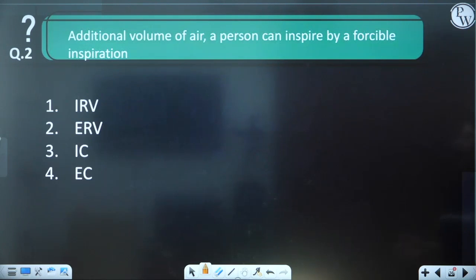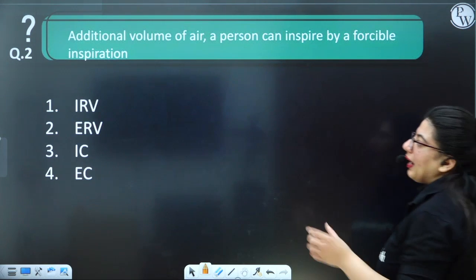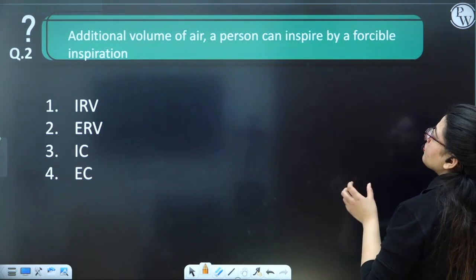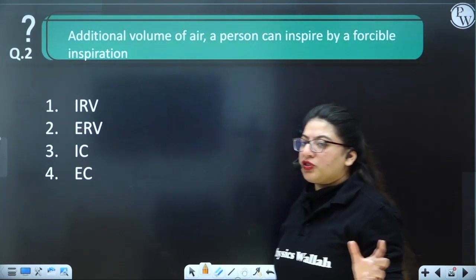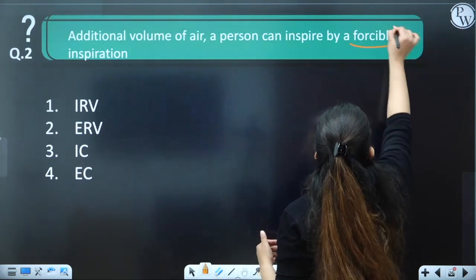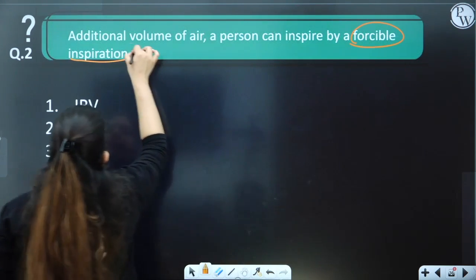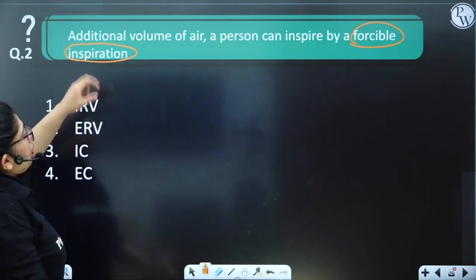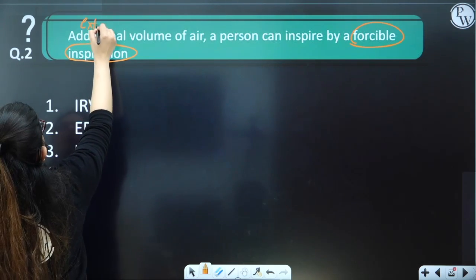Next. Additional volume of air a person can inspire by a forcible inspiration is: IRV, ERV, IC, EC. Now the question is saying additional volume of air a person can inspire by forceful inspiration. Additional means extra.